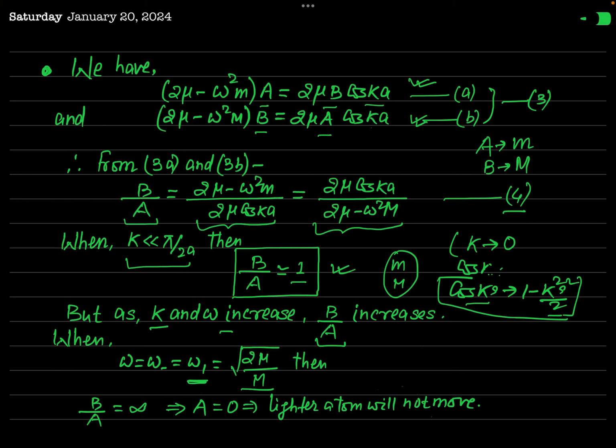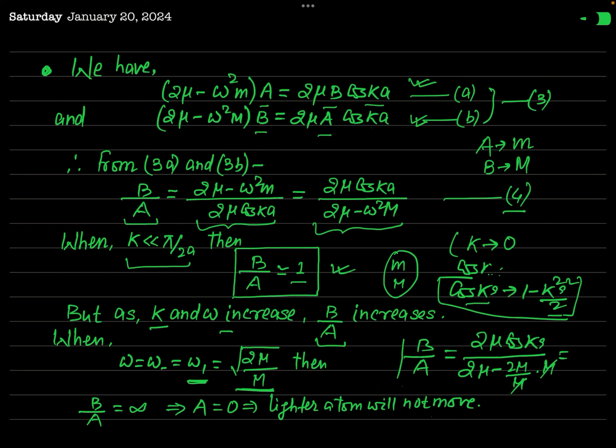Take the result b by a equal to 2 mu cos ka divided by 2 mu minus omega square capital M. But in place of omega square we write 2 mu divided by capital M, times capital M. So this M and this M cancel out, and 2 mu minus 2 mu will be 0.